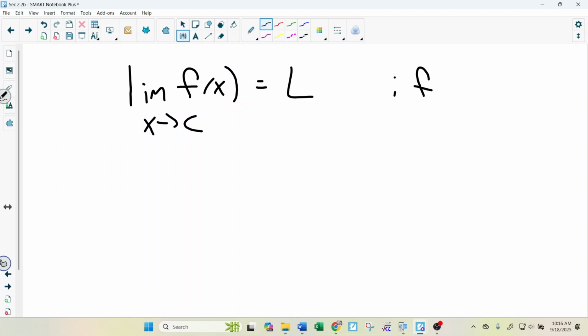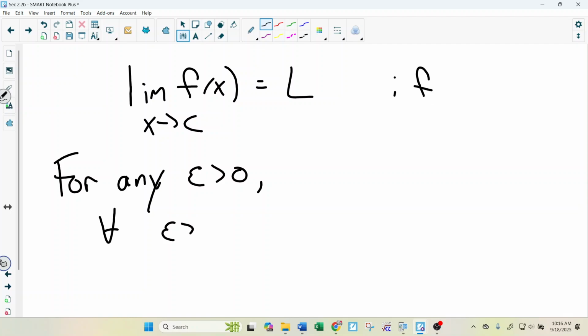What's the next part? For any epsilon greater than 0. The important word was for any epsilon greater than 0. Or if we wrote it with symbols, it was for all epsilon greater than 0. Okay, that's the first part. What's the rest of it? Keep going.